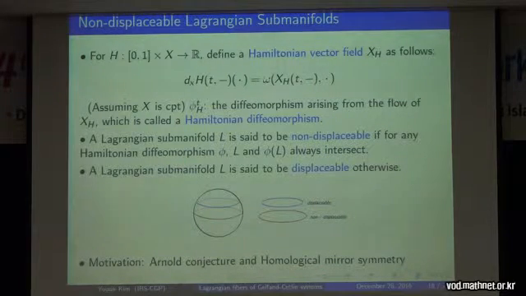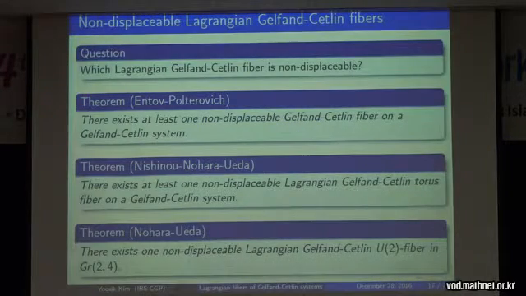So Lagrangian submanifolds should be very fundamental objects. Furthermore, a non-displaceable Lagrangian gives us a candidate for the generator set of the Fukaya category in the A-model side. That's the motivation for why we are interested in non-displaceable Lagrangian submanifolds.